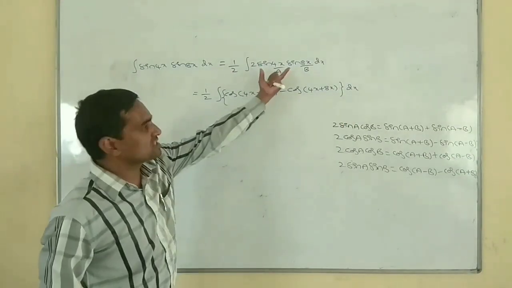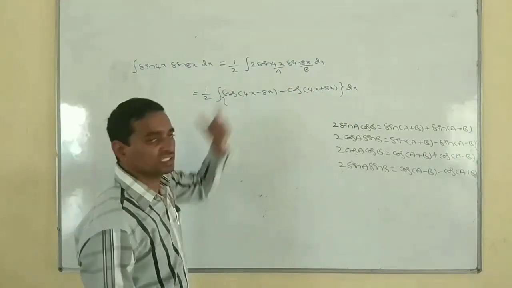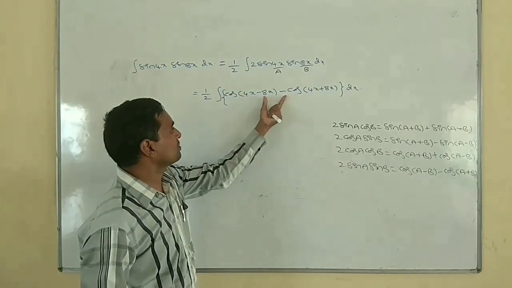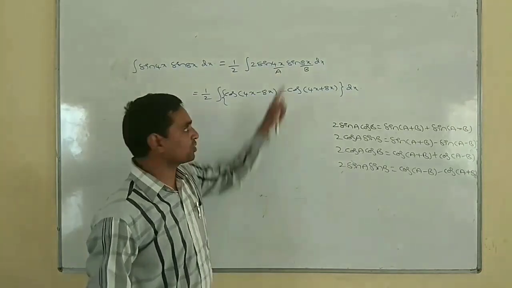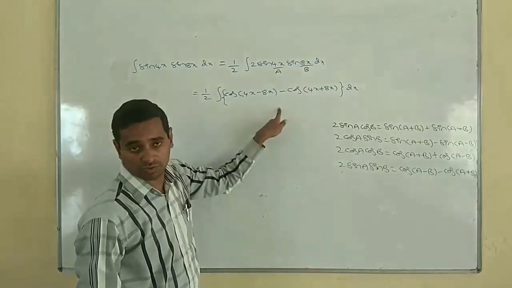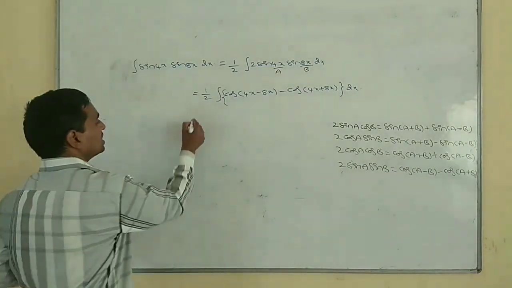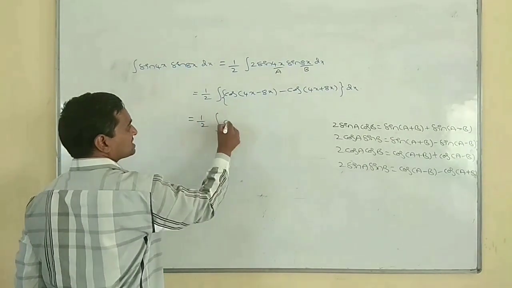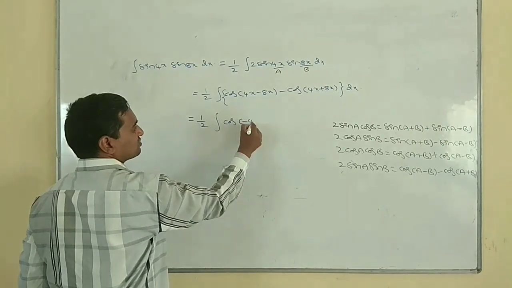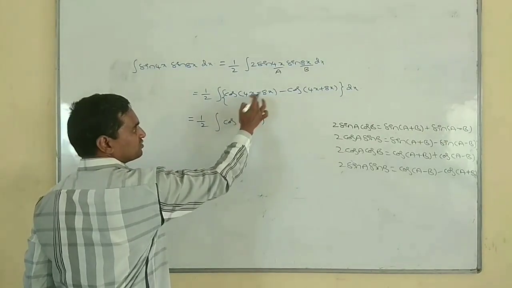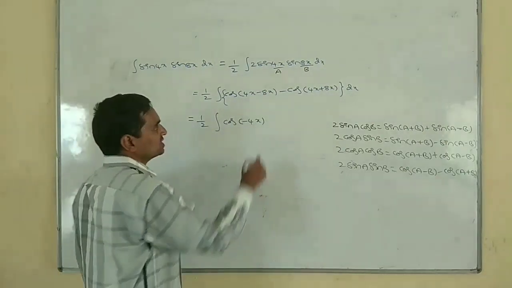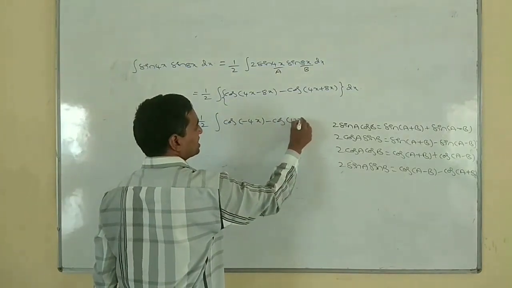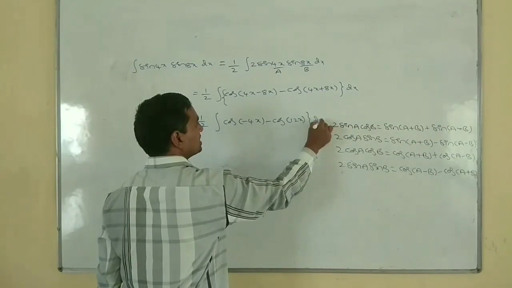That means the given product function is converted into a summation or subtraction of two terms. Now 1 by 2 integration of 4 minus 8, that is minus 4x, minus cos of 4 plus 8, 12x, totally dx.